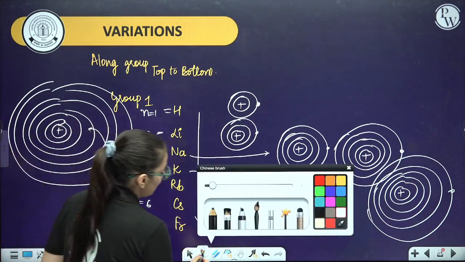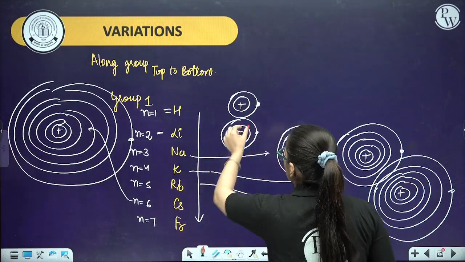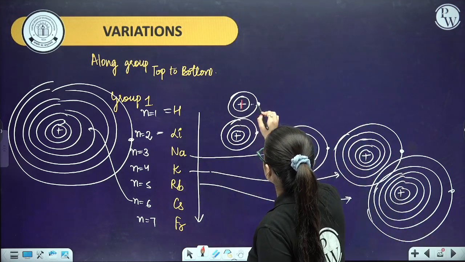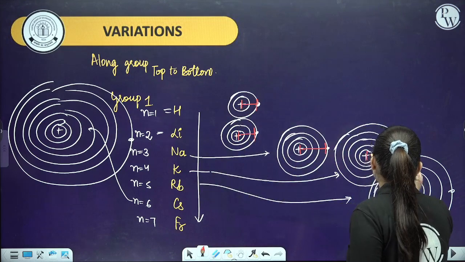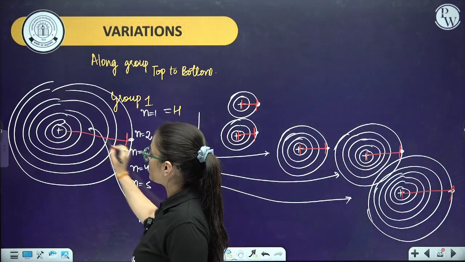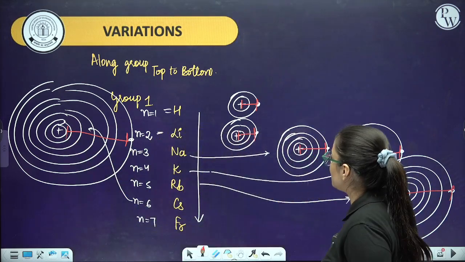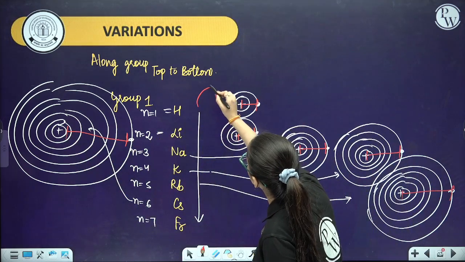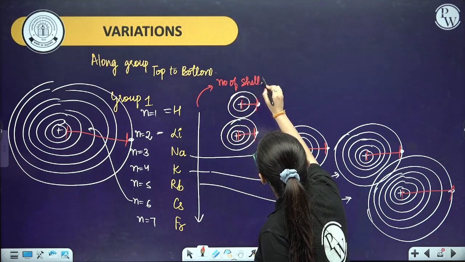So what are you observing? What is atomic radii? Atomic radii is the distance from the nucleus to the outermost shell electron. So the distance in the very first case is this much, then this much, and so on. When moving from top to bottom, the number of shells increases.